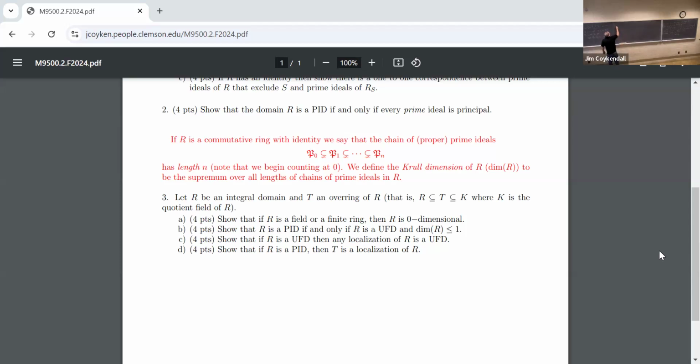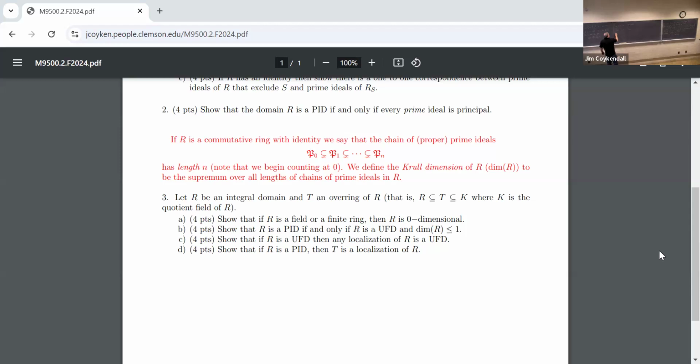Say XI is in J alpha I, right? And suppose, without loss of generality, we have J alpha 1 is contained in J alpha 2, contained in J alpha M. You gotta love a chain, right?